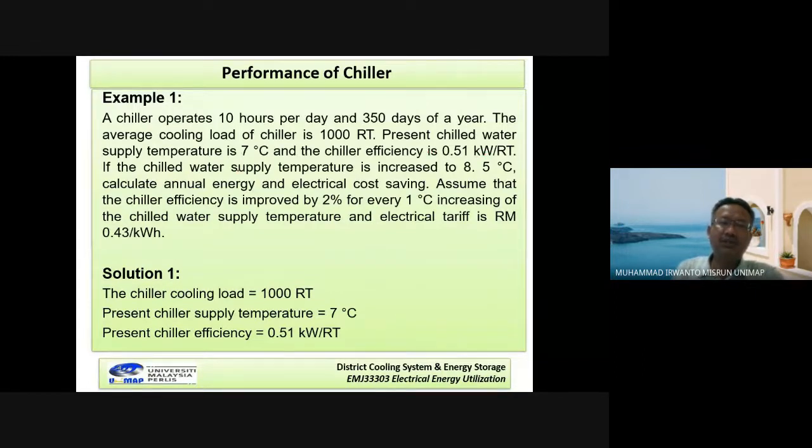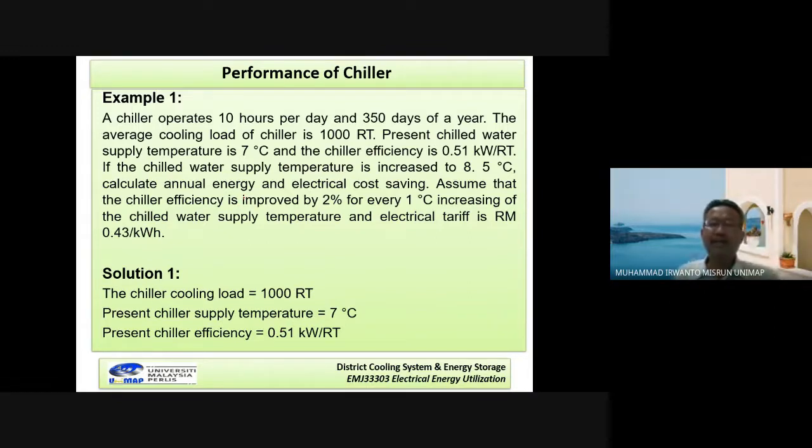If the chill water supply temperature is increased to 8.5 degrees Celsius, calculate the annual energy and electrical cost saving. Assume that the chiller efficiency is improved 2% for every 1 degree Celsius increase of the chiller water supply temperature, and electrical tariff is RM 0.43 per kilowatt hour.